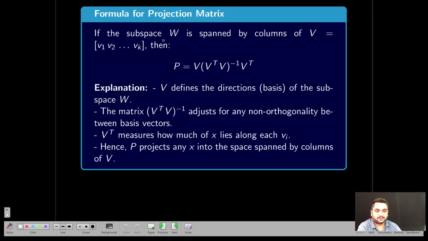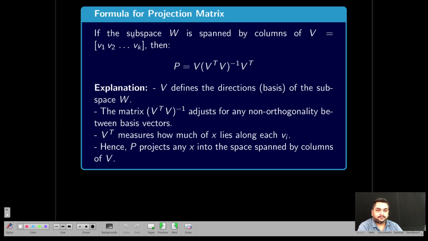These are concepts you all learned. If you have missed the concepts of subspace, column space, basis, linear independence and all those things, please go back now to the previous videos, watch those concepts and then come back to this video. Otherwise, it's difficult to understand this concept.